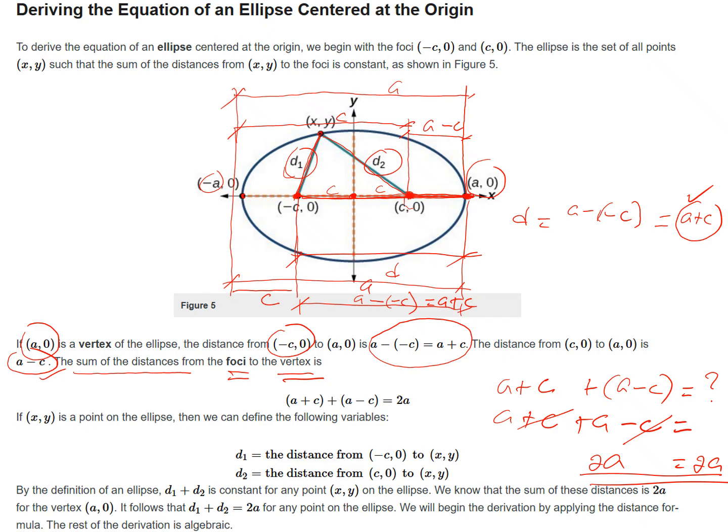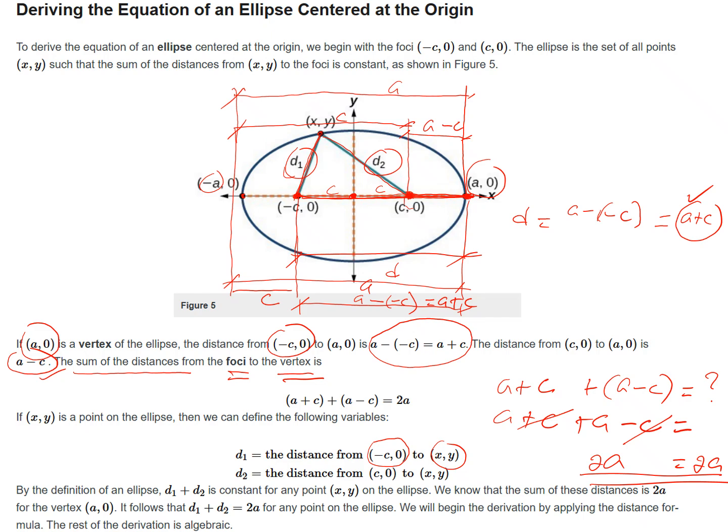Now, if x and y is a point on the ellipse, then we can define the following variables. We have d1, the distance from this point with this coordinate to x, y, this one. So we are considering this distance. And d2 is from this point, coordinate c, to the same.